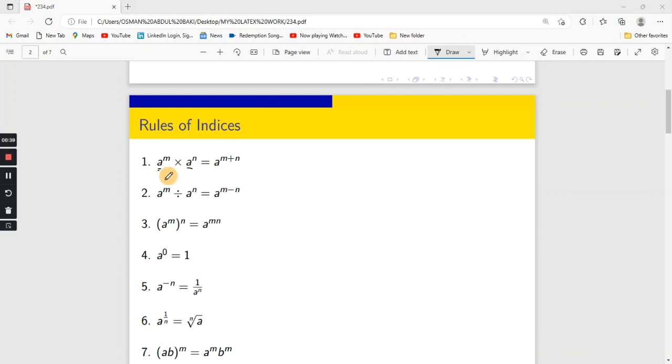So the first property is the multiplicative property, where when the bases are the same, you are supposed to add the exponents, or the powers. This is known to be the exponent, or the power, and this is the base.